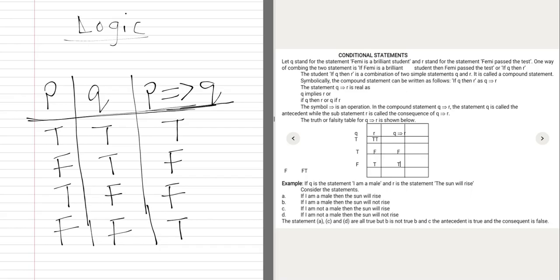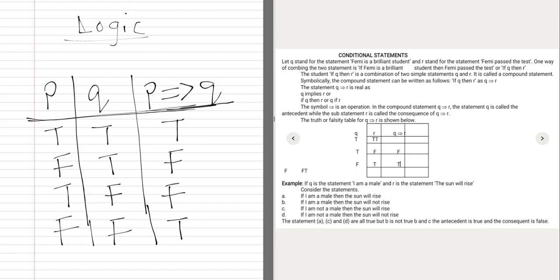It's a conditional statement. That means for Femi to pass the exam, he is an intelligent student or a brilliant student. So this means if Q, then R. If Femi is brilliant, then Femi passes the test.